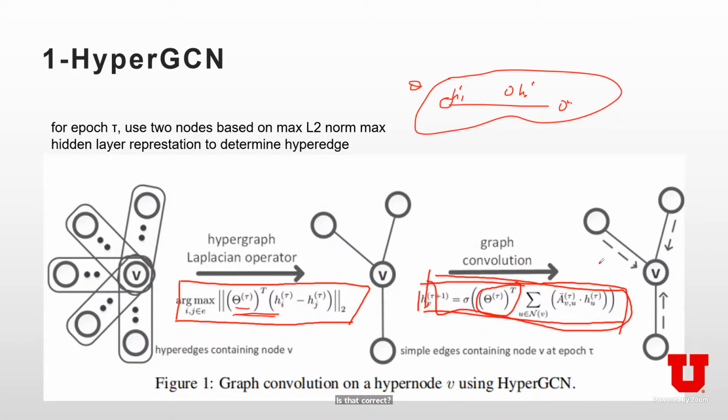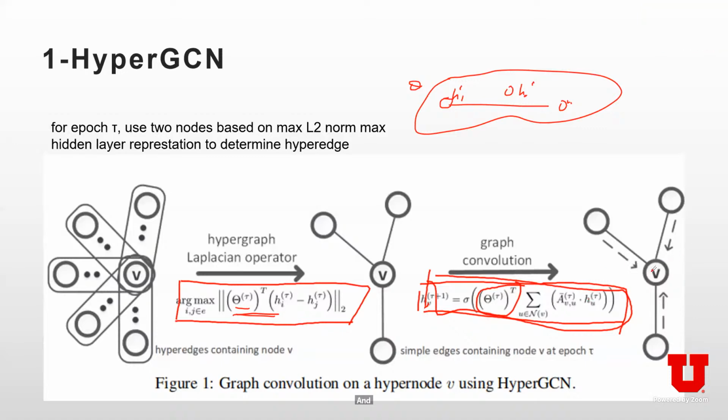Yeah, because this function shows the graph collecting information from the other nodes and convolving it into the node here.